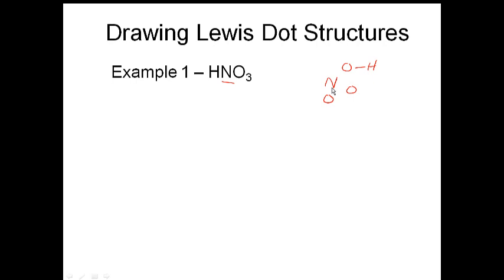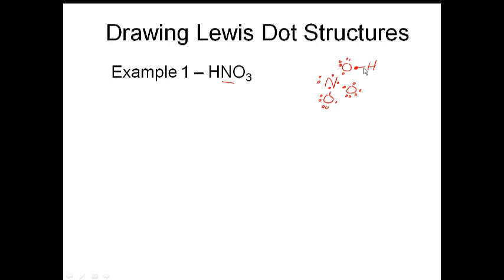So now we put in our total number of valence electrons for each of the atoms. Oxygen has 6 valence electrons. I already put that bond in. So there's our 6 valence electrons for that oxygen. I'll put 6 valence electrons in for this oxygen, and 6 for this oxygen, and then nitrogen is group 5, so we'll give nitrogen 1, 2, 3, 4, and 5 electrons.